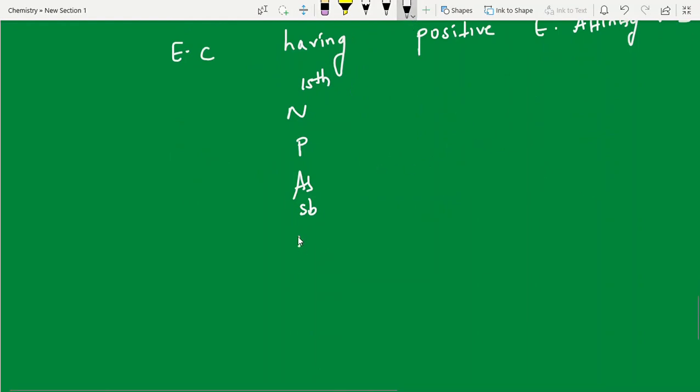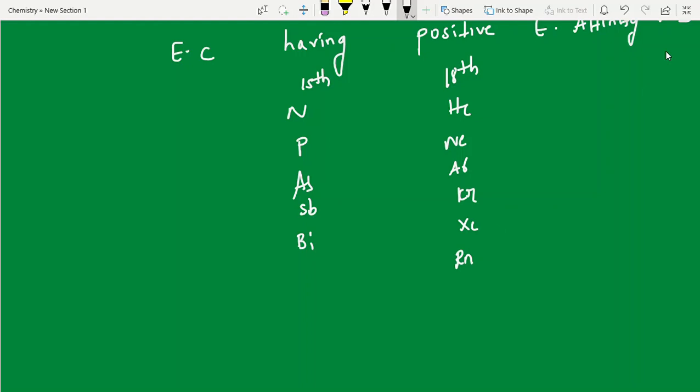Okay. Now next one, 18th group also. 18th group: helium, neon, argon, krypton, xenon, radon. This one also. Clear students? These all have positive electron gain enthalpy values.